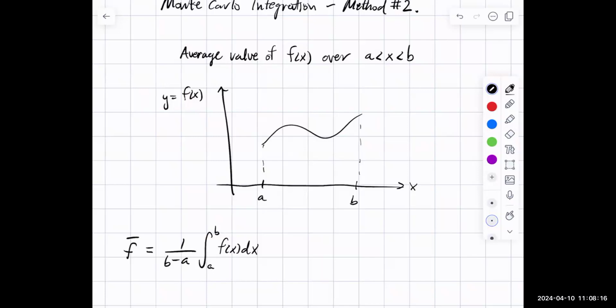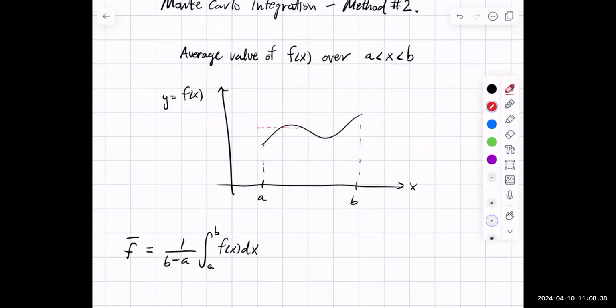So what would this average look like on here? Well, it's going to be sort of in the middle of this line, right? This line will be half the time below the average and half the time above the average. And so we could kind of estimate what that's going to look like.